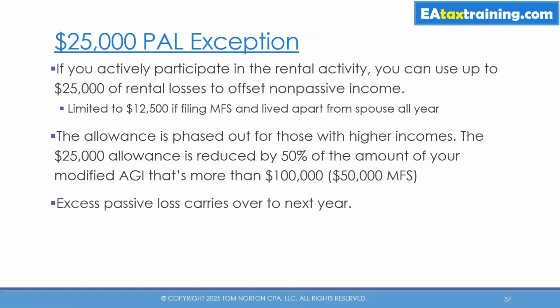However, this is phased out for taxpayers with higher income. So that allowance is reduced by 50% of the amount that your modified adjusted gross income exceeds $100,000, or $50,000 married filing separately. If you have more passive loss than you can take for the year, the excess will carry over to the following year.